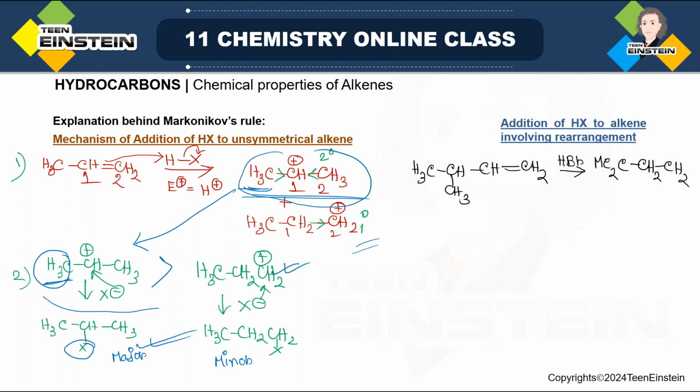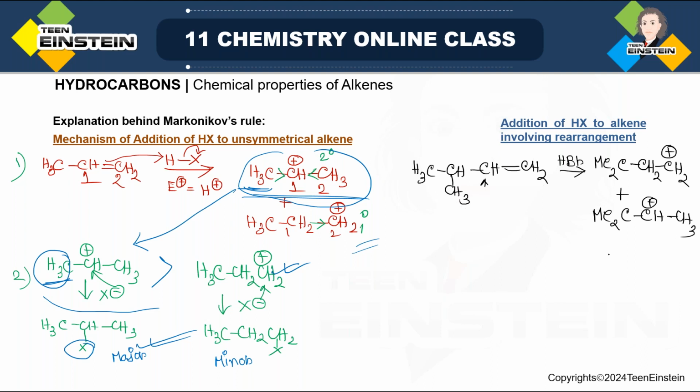Now suppose I have added this H to the middle carbon. If the hydrogen is attached to this carbon, you will get a positive charge at the terminal position. But this is 1 degree, it is not so stable. Another possibility is Me2C, CH, positive charge, CH3.